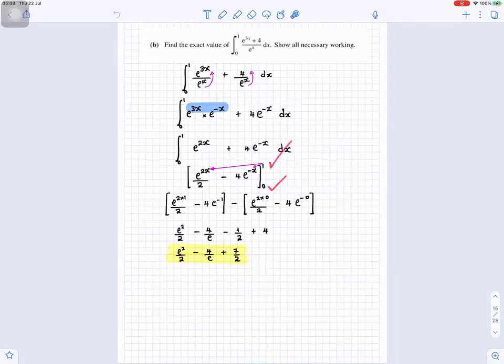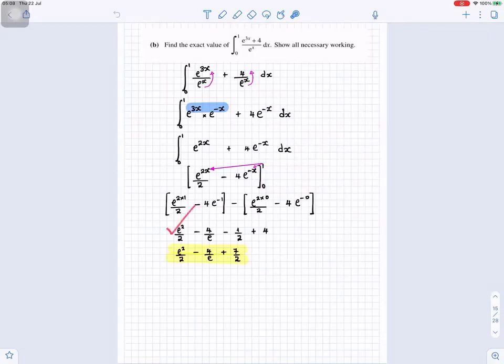from 0 to 1. So you sub in 1 first. 1 goes there and there. So it becomes e to the 2 times 1 over 2, minus 4e to the minus 1. Minus, you sub in 0: e to the 2 times 0 over 2 minus 4e to the minus 0.